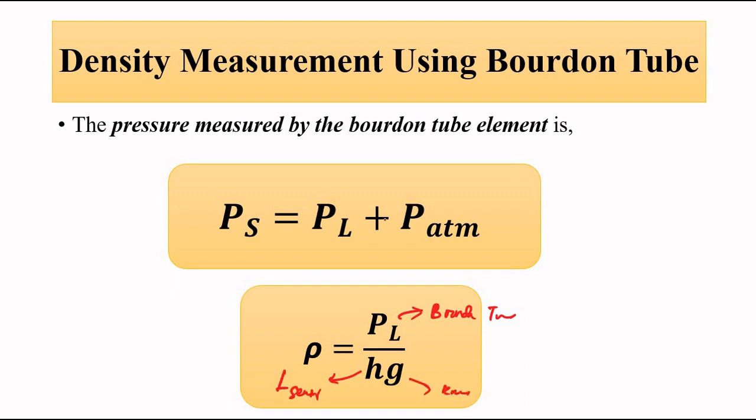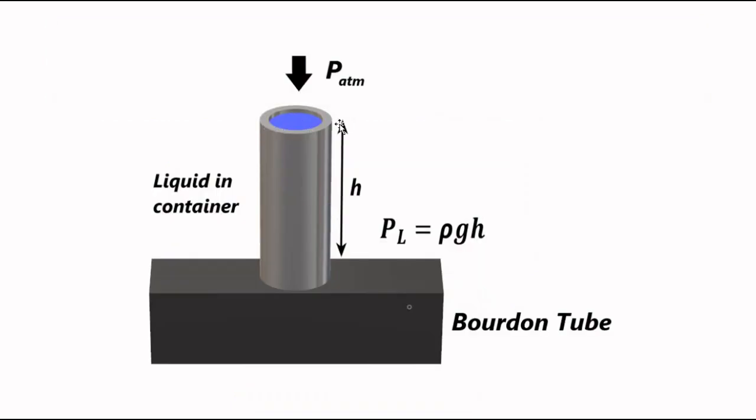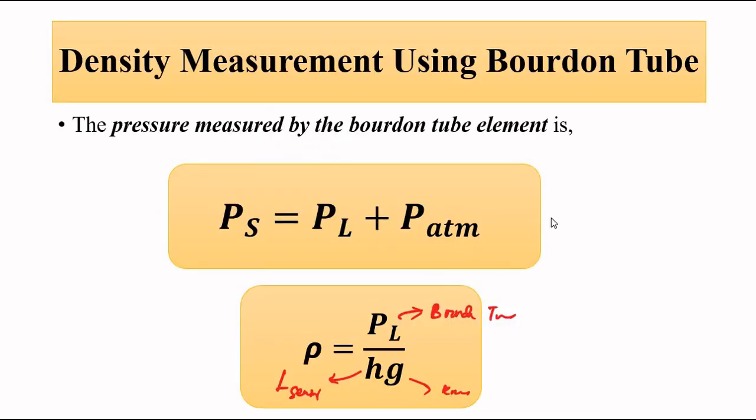Here one thing has to be taken care of: if this liquid container is open without any covering, any lid, the atmospheric pressure will also come into play. So here the pressure sensor measures both the liquid column pressure and the atmospheric pressure. In order to get the liquid column pressure, we have to subtract the atmospheric pressure from it, which we can get easily, and from this we can get the density using this relationship.